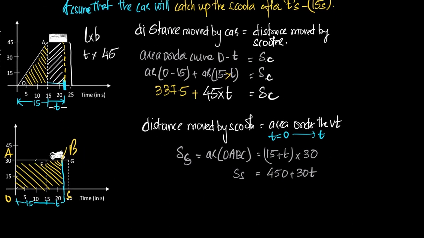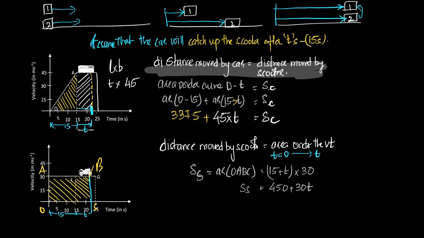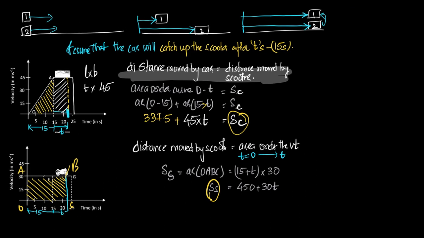Okay. Now what were we trying to do? We were trying to find the time taken to overtake. And what was the condition? The condition was that when they overtake, the distance moved by the car and the distance moved by the scooter will be equal, which means we can equate these two values, the distance moved by the car and that of the scooter. So if we equate it, what do we get?